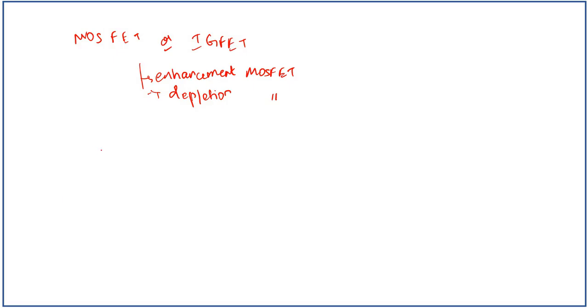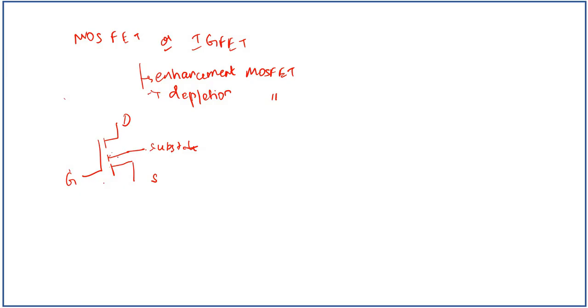So the construction of enhancement MOSFET is, we have the gate terminal. MOSFET is a 3-terminal device, we know. So this is the gate terminal. We have the source and drain, and this is the substrate.